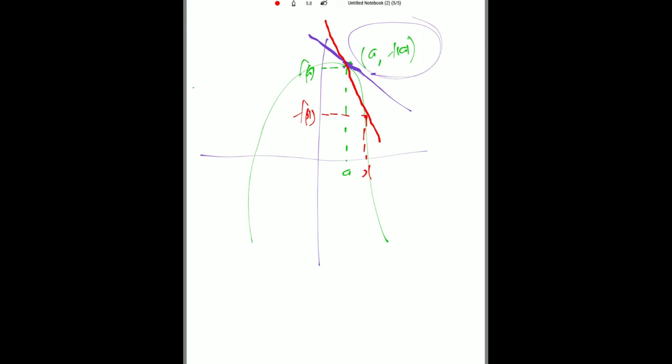Now, if I were to say that the gradient of this line is equal to the gradient of the tangent line, would that be true? No, that is not true. That would be a presumptuous assumption.